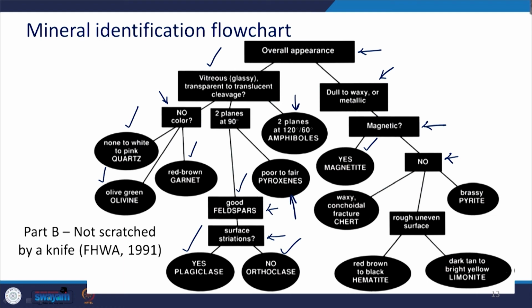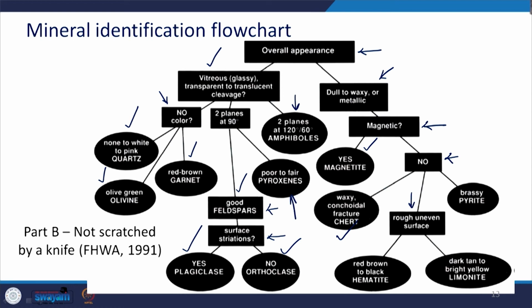So, again there are three branches. The first one deals with waxy conchoidal fracture, then it is chert. The second one is a rough uneven surface. Here we have to take the help of the color of the mineral.